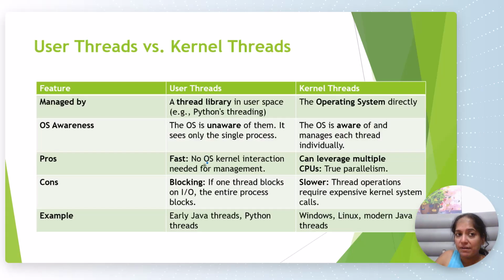These are some of the differences between user threads and kernel threads. User threads are created by the user processes, whereas kernel threads are created by the operating system itself. Kernel threads are always implemented by the operating system, whereas user threads are created by user processes.